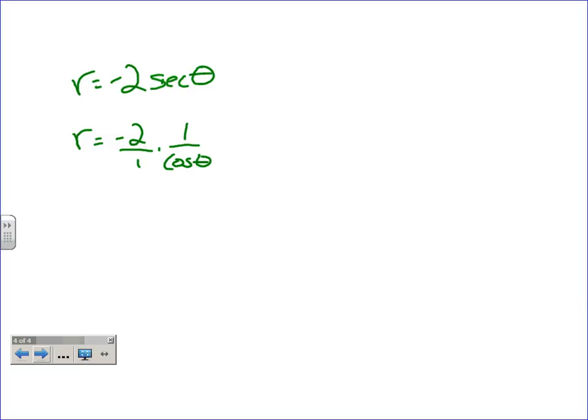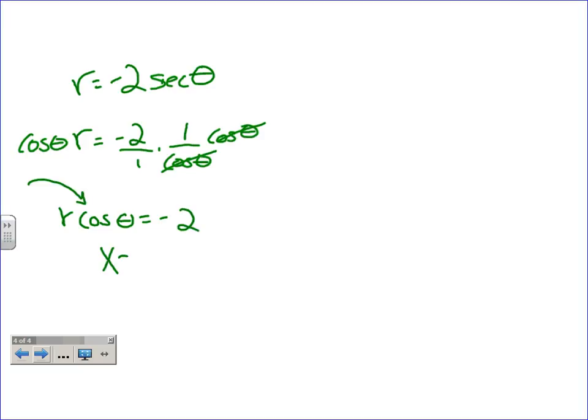And so what I would do is multiply both sides by cosine. So if I multiply this side by cosine, multiply that side by cosine, gone. So it's r cosine of theta equals negative 2, and r cosine of theta is known as x. So x equals negative 2. That one was a little harder to see. It wasn't a hard problem, but it was probably harder to see.